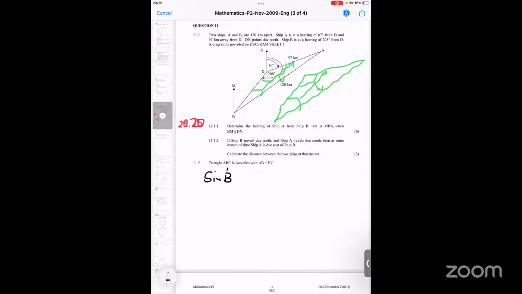Always, if you are looking for an angle, it must be at the top. Sine of the angle is opposite which side? It's opposite side AD. Let me just write this formula, Alice. Then you'll be forced to have sine of the angle that you already have over AB. Okay, sine B is what you are looking for. I'll just substitute AD for you. What is AD? It is 97. And then sine of the angle.